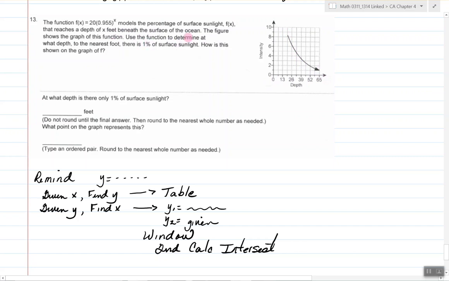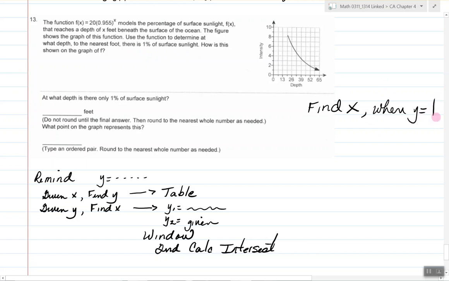Use this function to determine at what depth. Now, depth is x, so we need to find x when what? When there is 1% of surface light. When y equals 1.